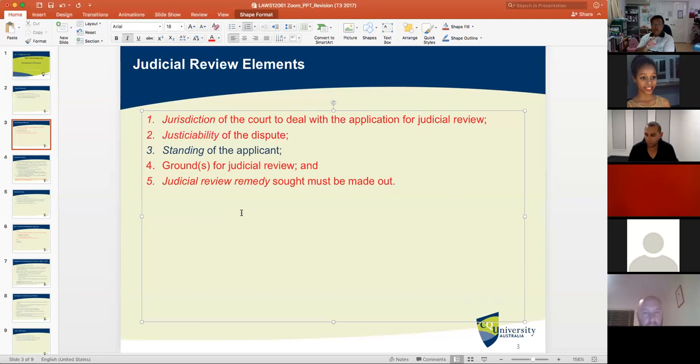So even in the absence of any statutory basis, meaning even in the absence of authorization from the Parliament, or even in the absence of authorization from a constitution, the courts have asserted that they have the power to police or supervise decisions made by the executive. So that is known as common law jurisdiction.